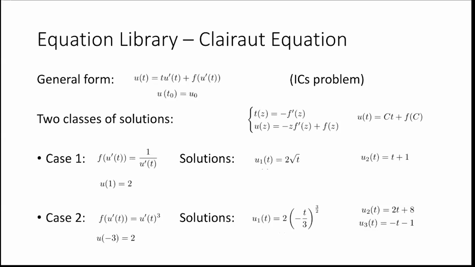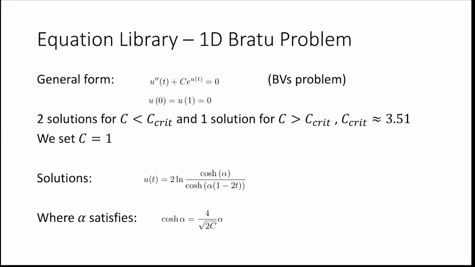So we decided to test two cases with a different definition of f and different initial conditions, so that for the first case we have two solutions, while for the second case we have three solutions. So we test if the algorithm works with two or three solutions. And we also decided to test a boundary value problem, in this case the one-dimensional Bratu problem.